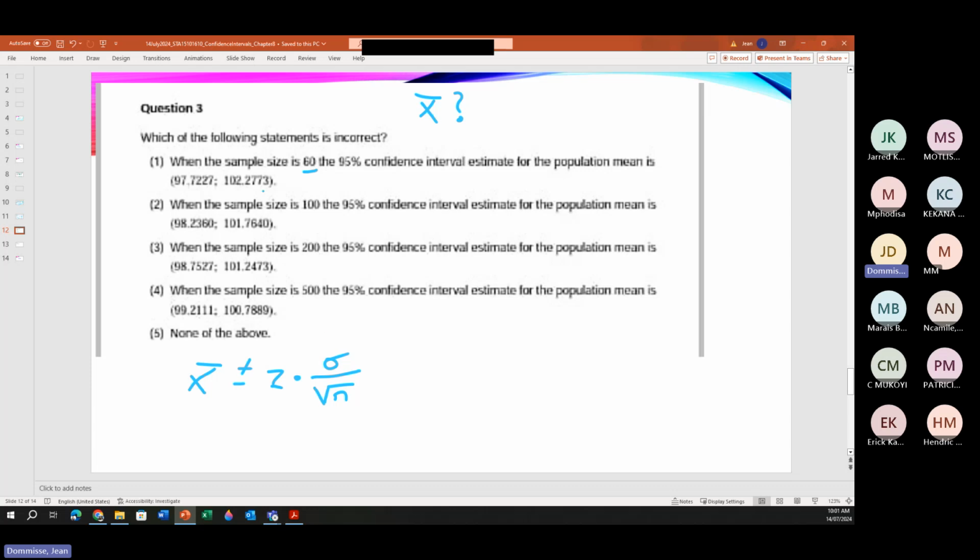Okay, so nearly if everything stays the same, so that stays the same in all of them. The Z stays the same in all of them.